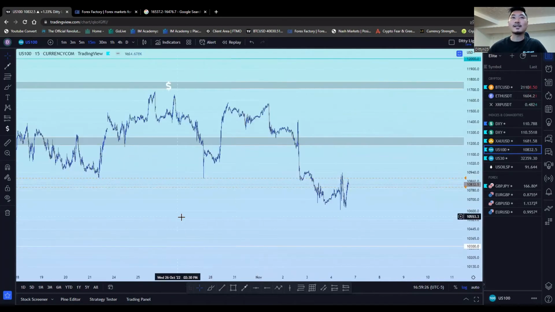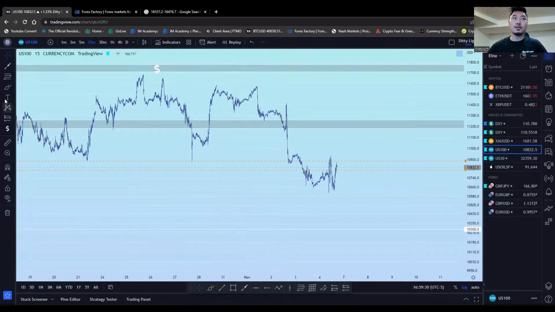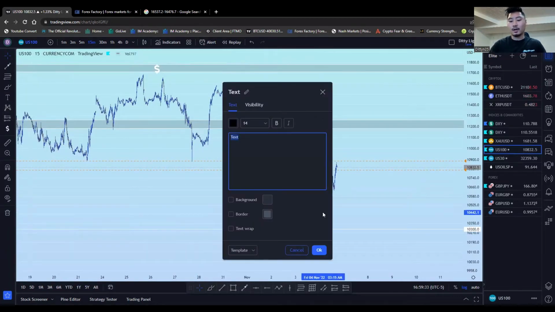So what is NASDAQ? NASDAQ, depending on the broker, all right? So NAS 100, US 100 is the same as NASDAQ, right? NASDAQ is the index of the 100 biggest companies in the US in the non-financial field, right?